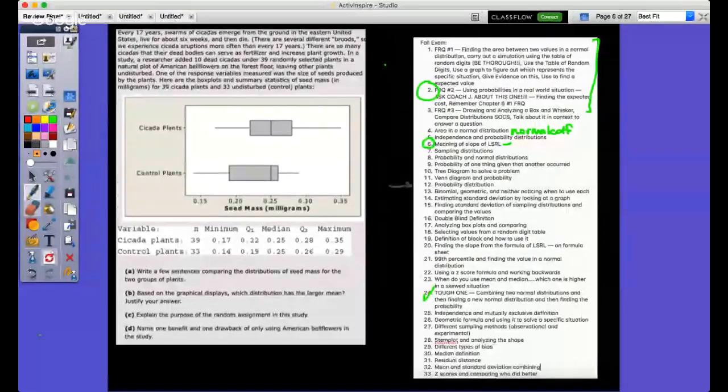Stem plot, make sure you know how to do a stem plot. Different types of bias, go through that. What are the different types? How do you remember them? Remember, median is the 50th percentile. Whoever did better using z-scores, make sure you know how to do that, and you'll be golden.